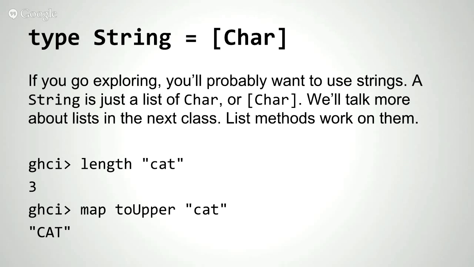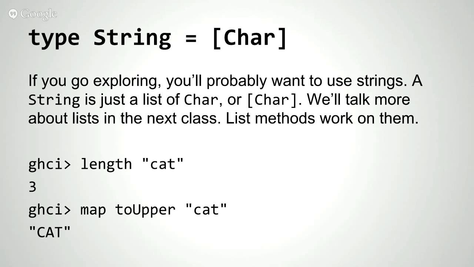Now you might ask, isn't that really inefficient to represent a string as a list of chars? And the answer is yes. So Haskell actually has a type called Text, which is what you would use for high performance string manipulation. But for the stuff we're doing, where your strings are going to be small, just use the built-in one.